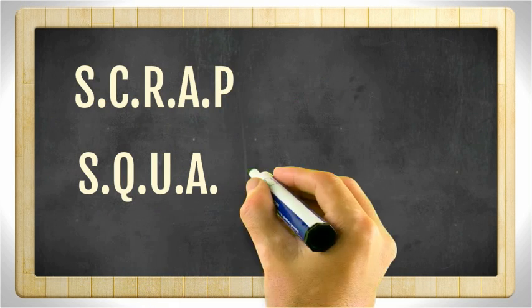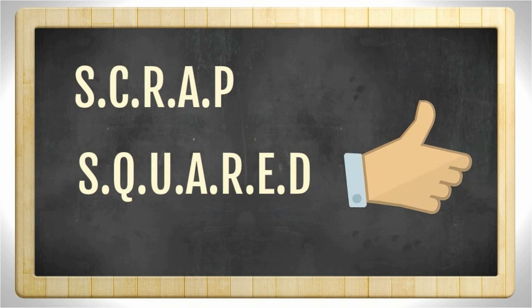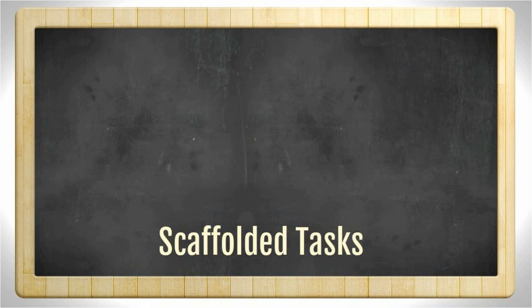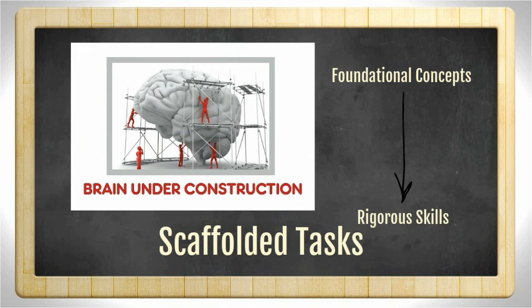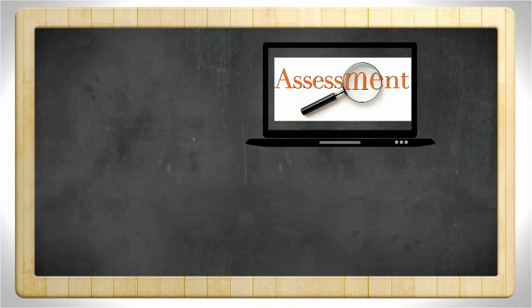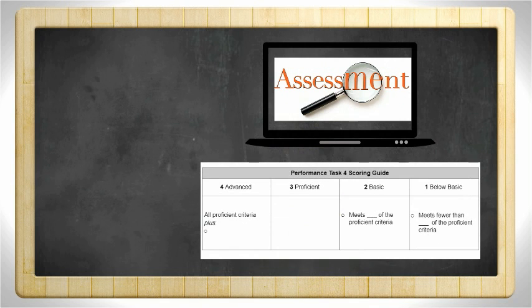Now with those two pieces completed, the teams continue to create 3 more tasks. These tasks scaffold from one task to the next in terms of cognitive demand building from foundational concepts and skills to more rigorous skills. For each task of the performance assessment, a task-specific guide is provided.